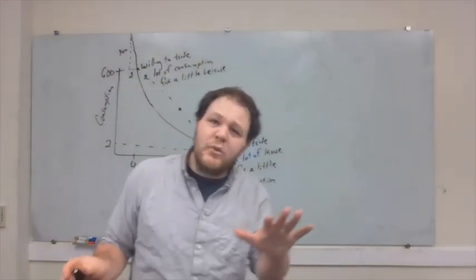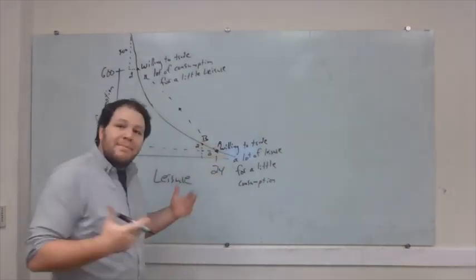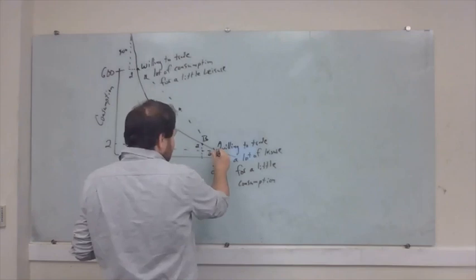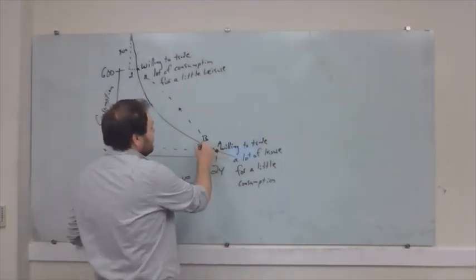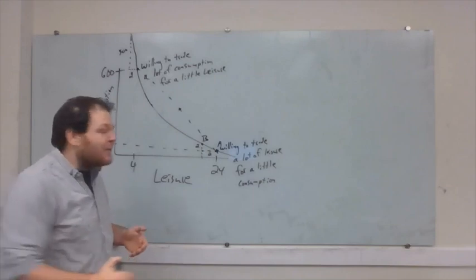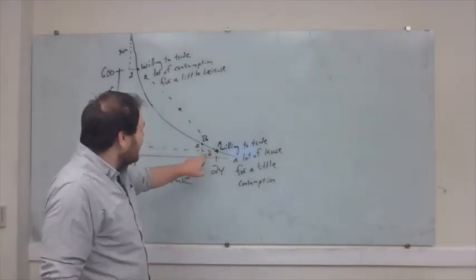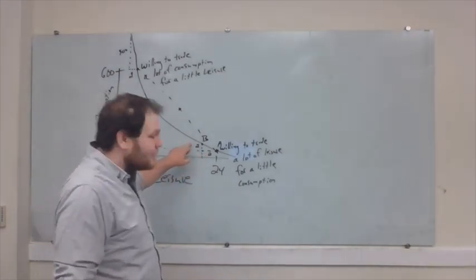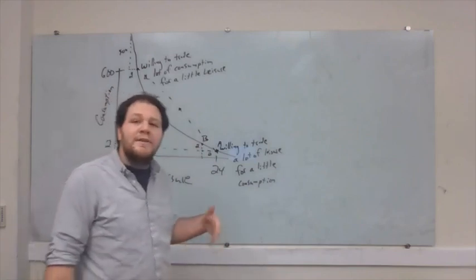Now, just as a reminder, we're already hinting at this, the slope of our indifference curve has an important economic meaning. What it means to be indifferent between two choices, like point A here versus point B, is that A is just as good as point B. So if I can be just as happy at point B as point A, and to get to point A, I gave up 2 hours of leisure, got $2 worth of consumption, that tells me that those 2 hours of leisure were worth $2 of consumption to me.